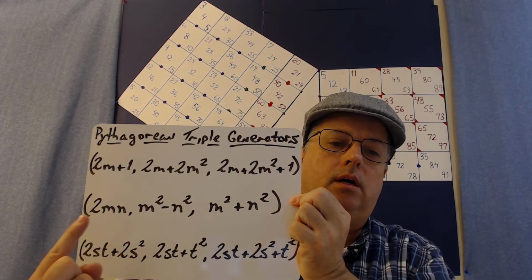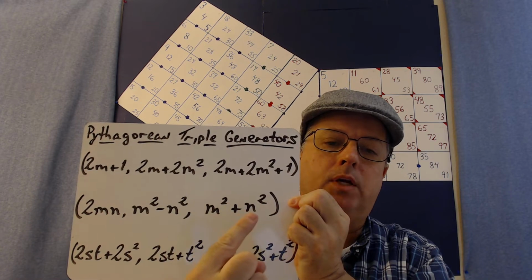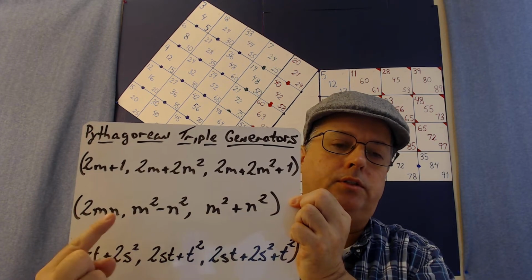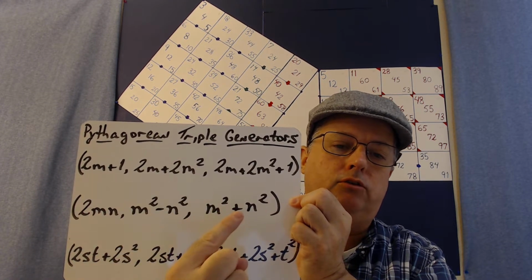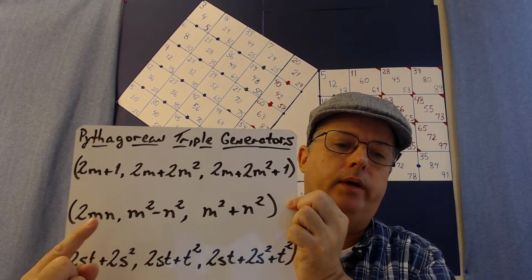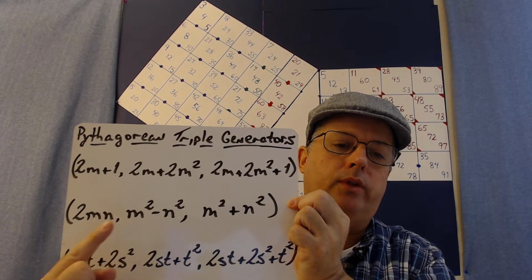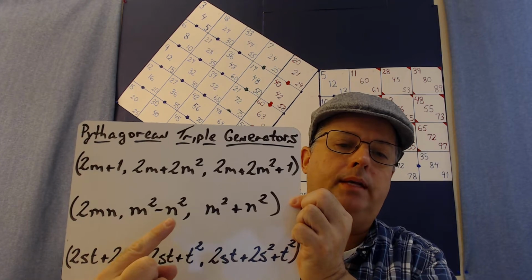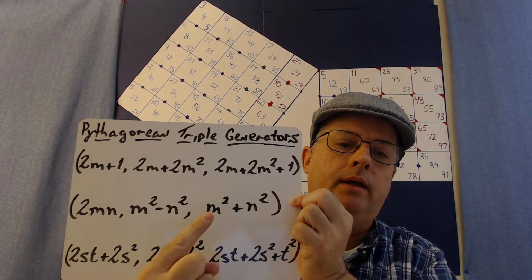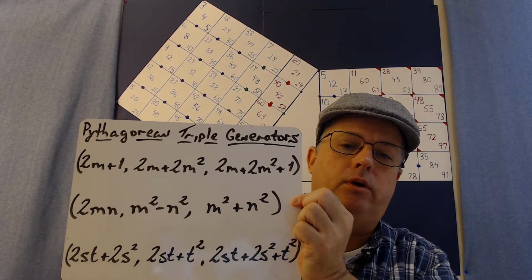So now we are going to look at this middle series of algebraic expressions that generate Pythagorean triples. This one here: 2mn for the a value, m squared minus n squared for the b value, and m squared plus n squared for the c value.